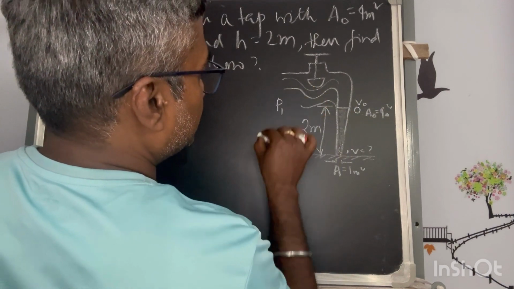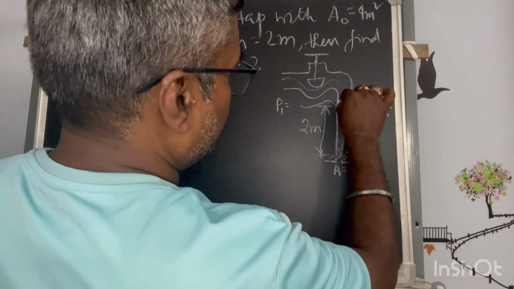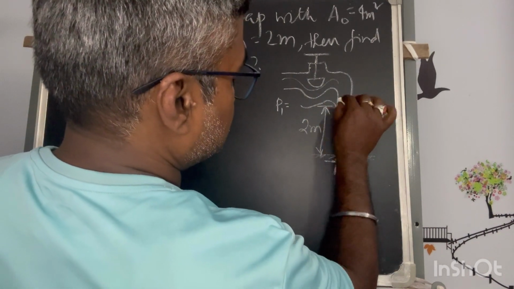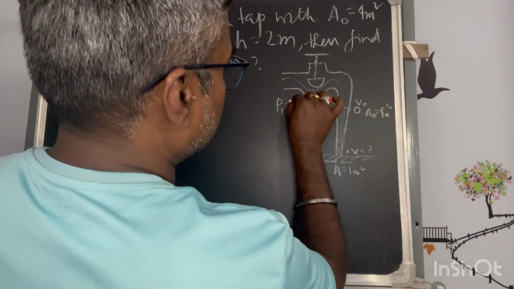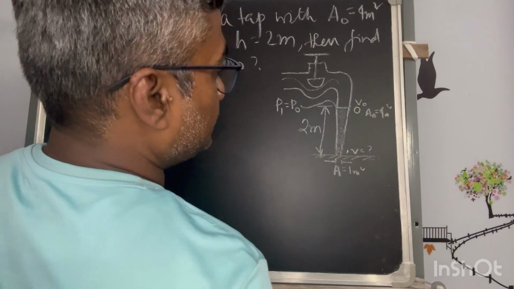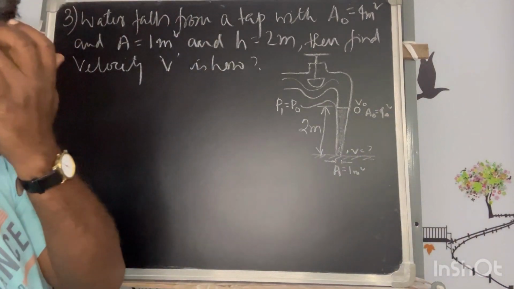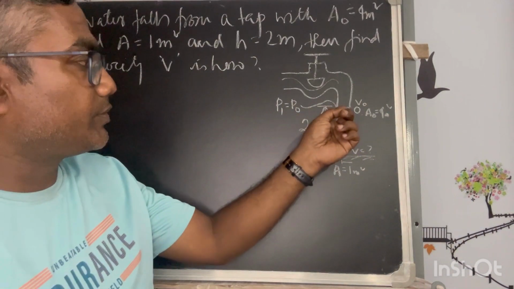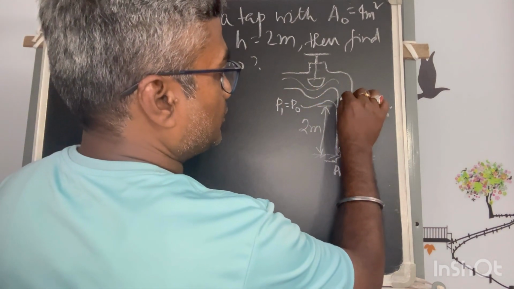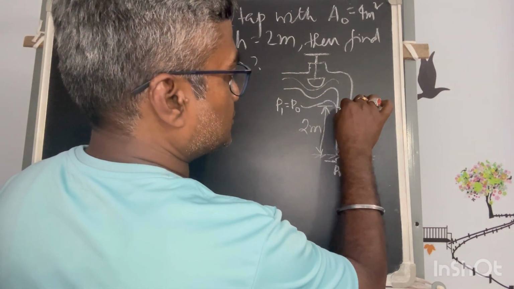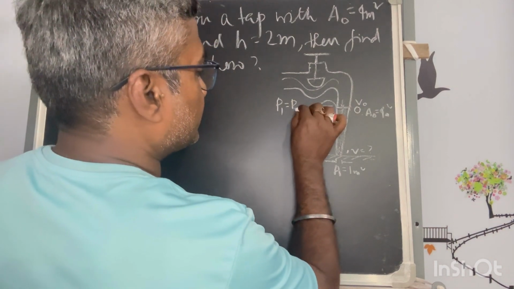P1, how much is it, flowing through this. For this stream, the pressure energy P0 is here, because that is open to the atmosphere, so this pressure is equal to that pressure, so it is equal to P0, that means atmospheric pressure.